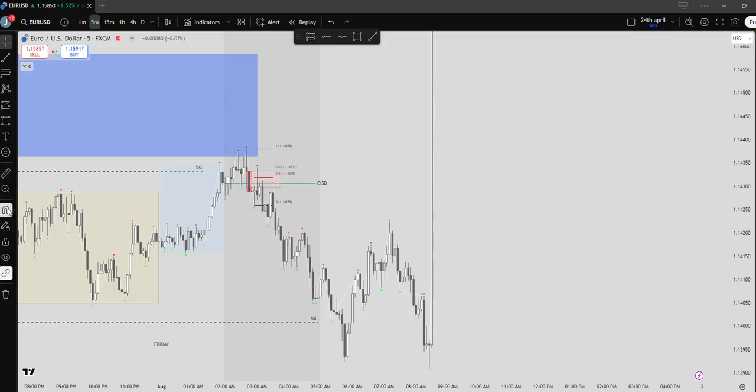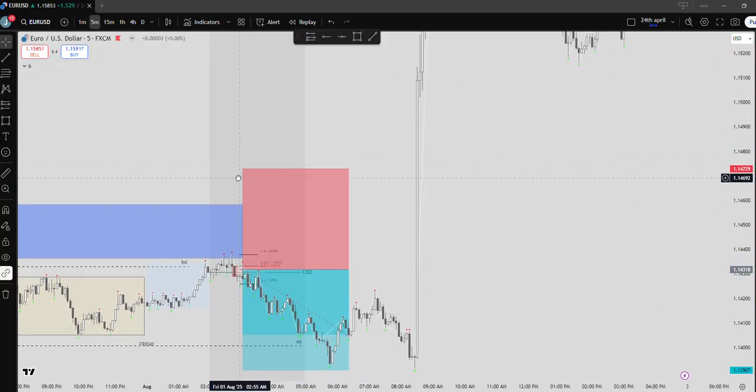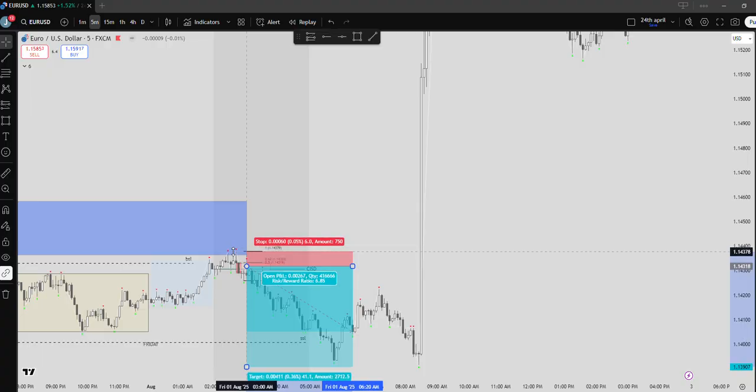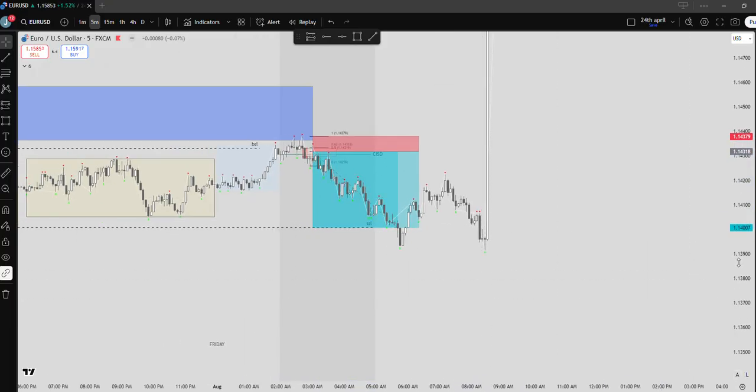And then essentially you just put your entry at the 0.5 level, stop at the high, and then target sell side below.